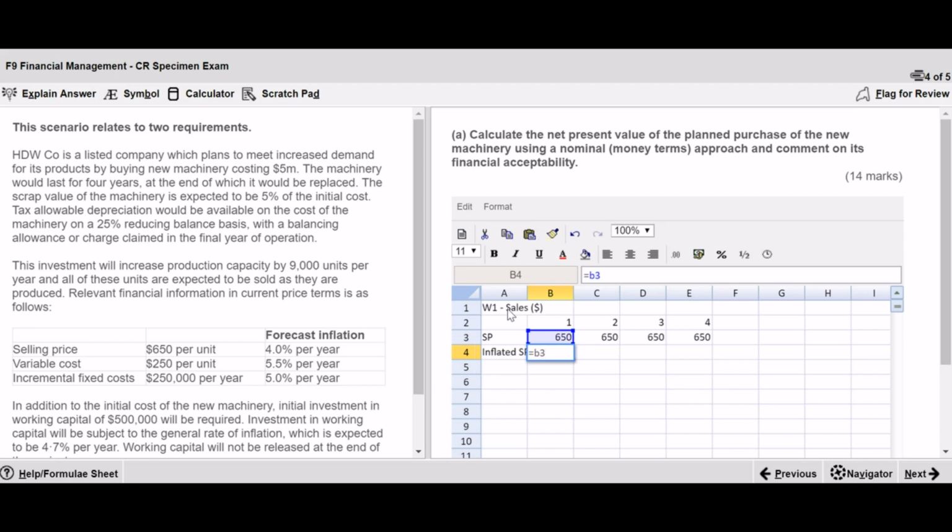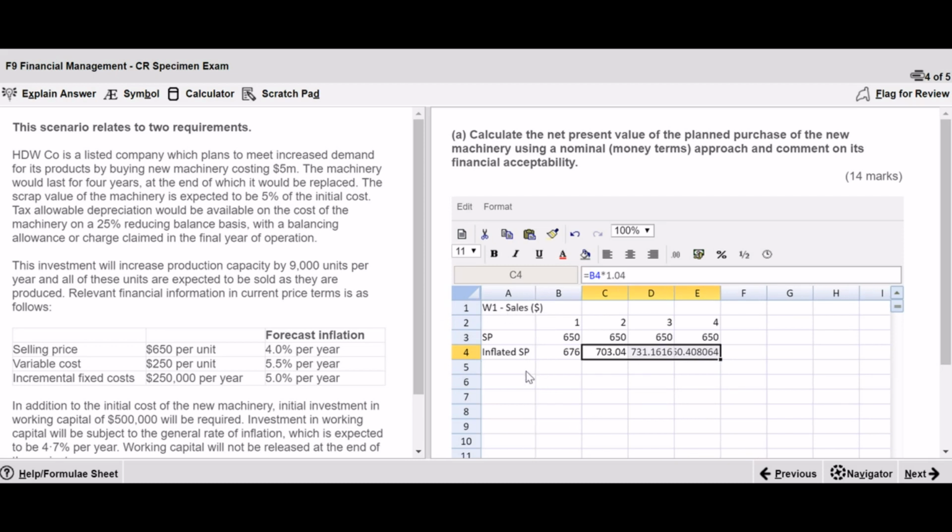So we'll take the B3 times 1.04. And we will take the B4, again 1.04. Now what you can do here is you can just drag this forward and you will have the inflated selling price in all the remaining years. The volume is 9,000 units.